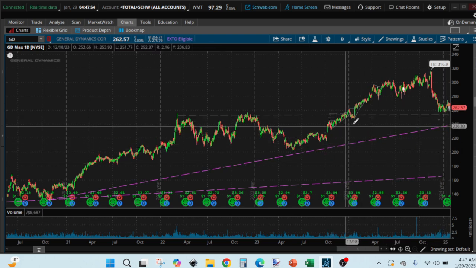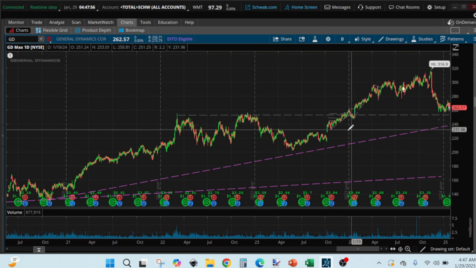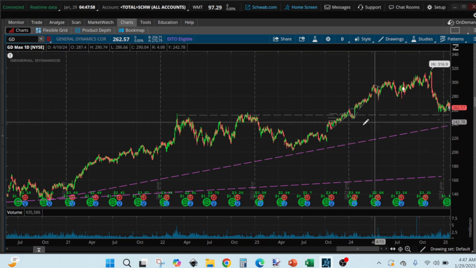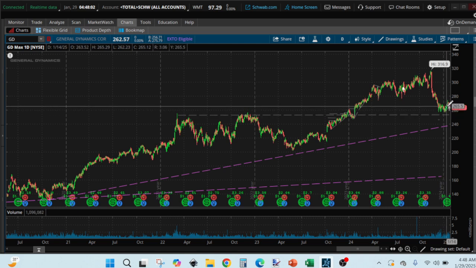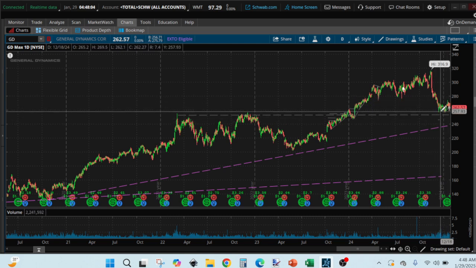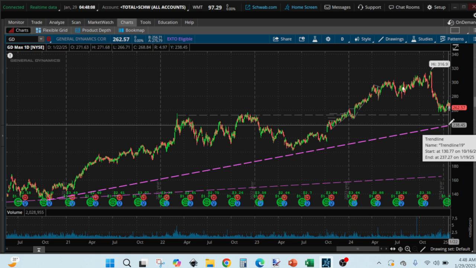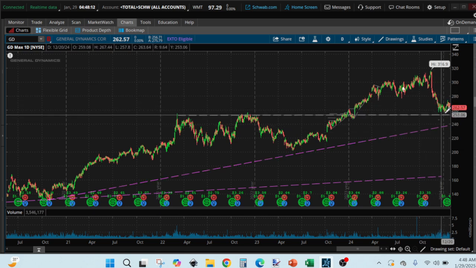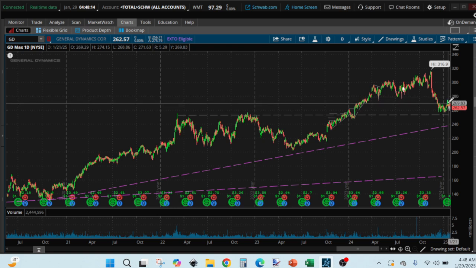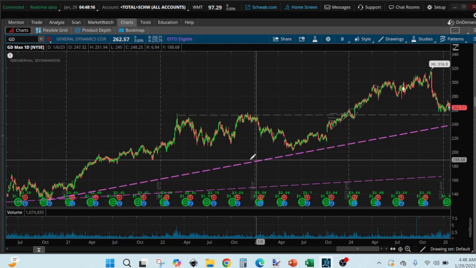So again it crossed some year here as well, and I decided, you know what, I'm going to buy. It could well decide to go back down to this line before it starts going up, or it could start going up from there, but I just decided to get in there.